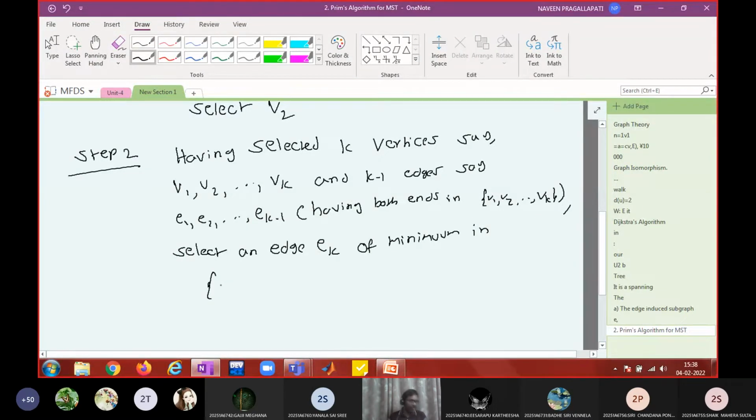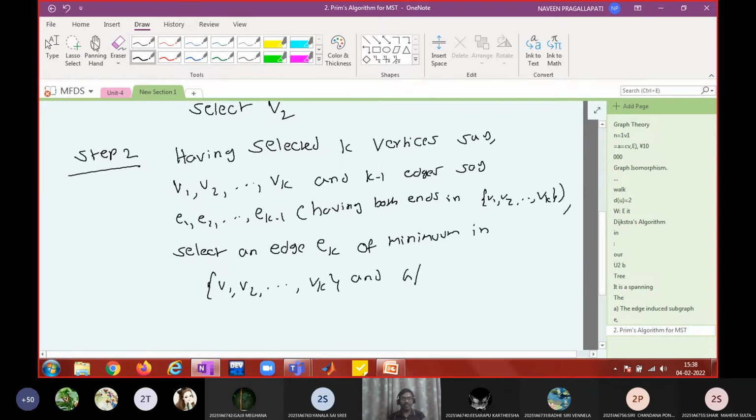V1, V2, and so on Vk, and G minus, so that new vertex will come from this set.